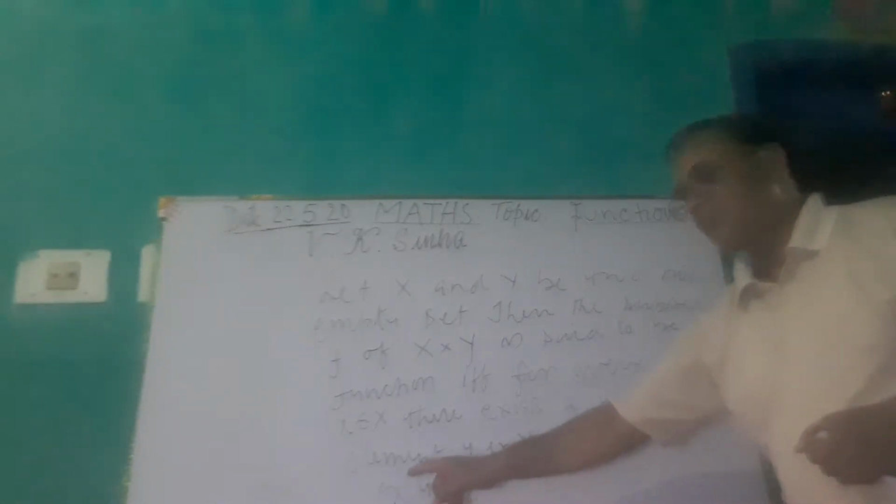Y is called the image of x and denoted by f(x), that is f(x) equal to y.